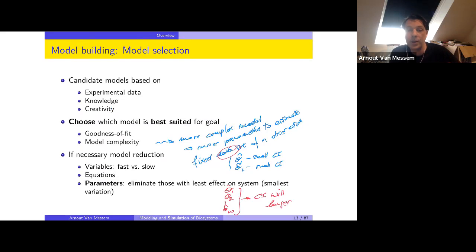So that's what I meant with it. The accuracy that I talk about is the accuracy of the parameter estimation, not the accuracy of the model. If that clarifies. Okay, good.